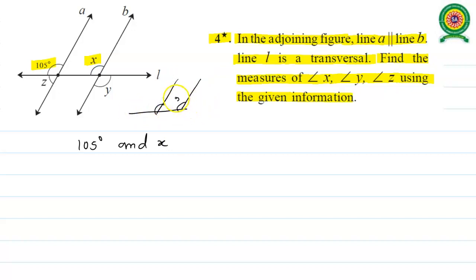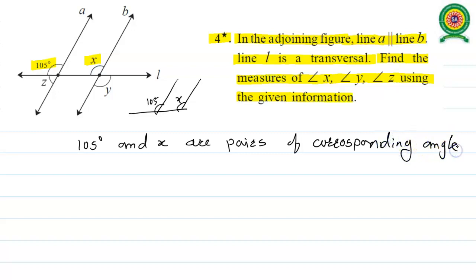Here is the X, here is the 105, rotation of F, so we can say that 105 and angle X are pairs of corresponding angles. Once they are corresponding angles and the lines are parallel, they are congruent, which means the X value becomes 105 degree.